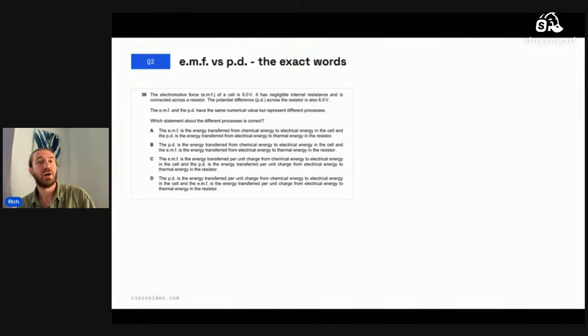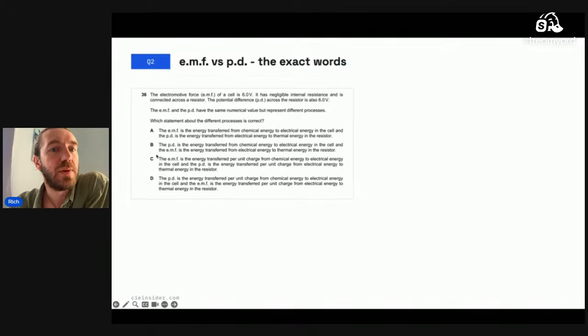Okay, it is not just simply the energy. If it was energy, it would have joules as your unit. It doesn't. It has volts. We know that potential difference is work done per unit charge. We know that EMF is work done per unit charge. Whether that work is done by or on the charges decides whether it's EMF or PD.